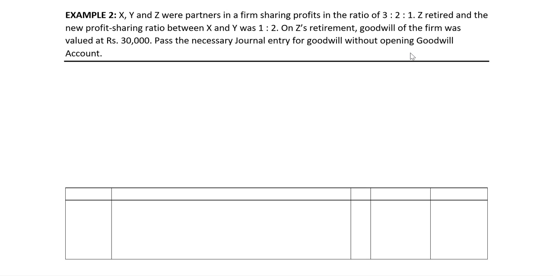So again, we'll have to solve the sum using the first method, where we adjust the goodwill through the partner's capital account, because it is only in the first method that we do not open the goodwill account. In the second and the third methods, we do open the goodwill account. We'll begin with the working notes.